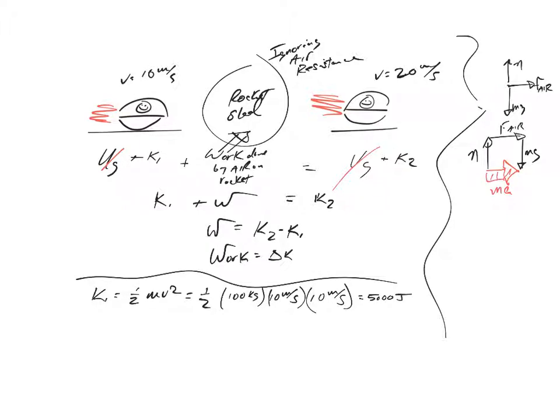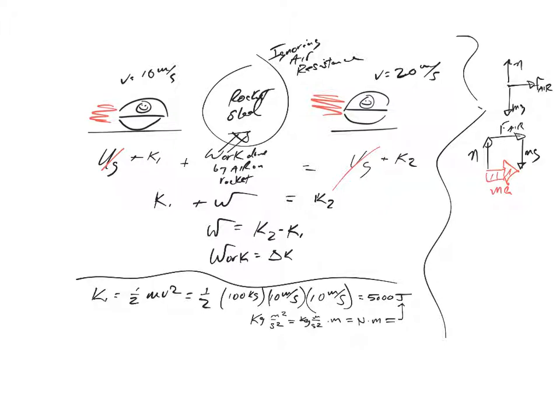Okay, so units. We have kilograms meters squared per second squared. That's the same as kilograms meter per second squared times meter. That's the same as a newton times a meter, which is the same as a joule.